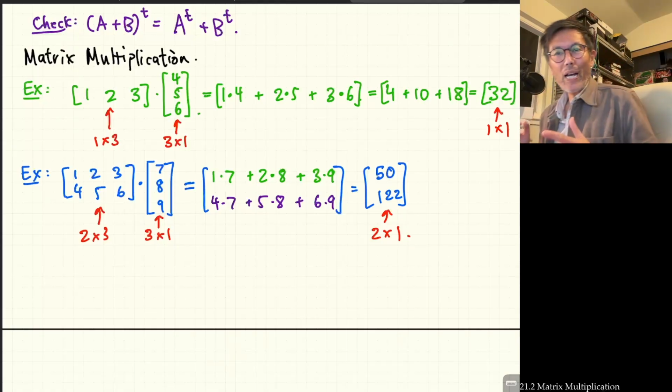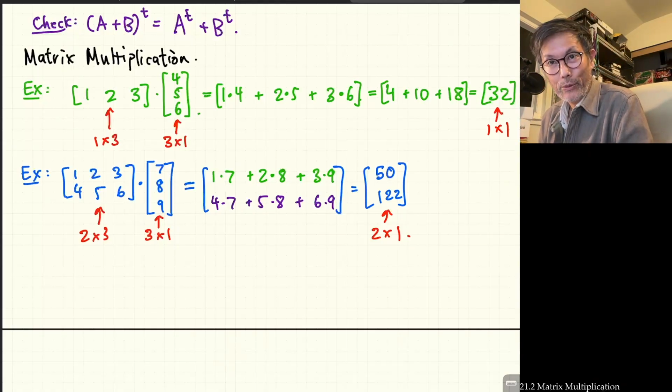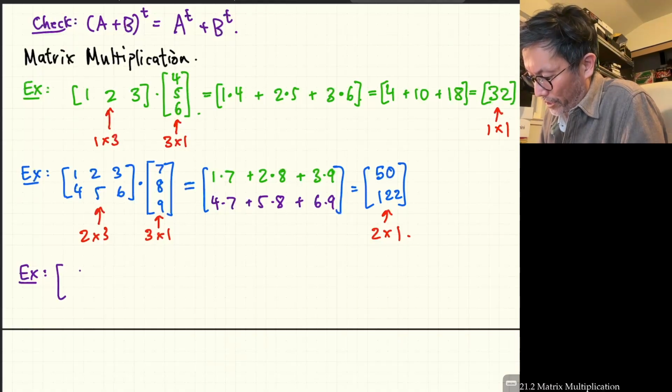Okay. What happens if we expand out this 3x1 to a 3x2? What happens then? So let me do this in purple. Let's say that we have this same first matrix here. 1, 2, 3, 4, 5, 6.